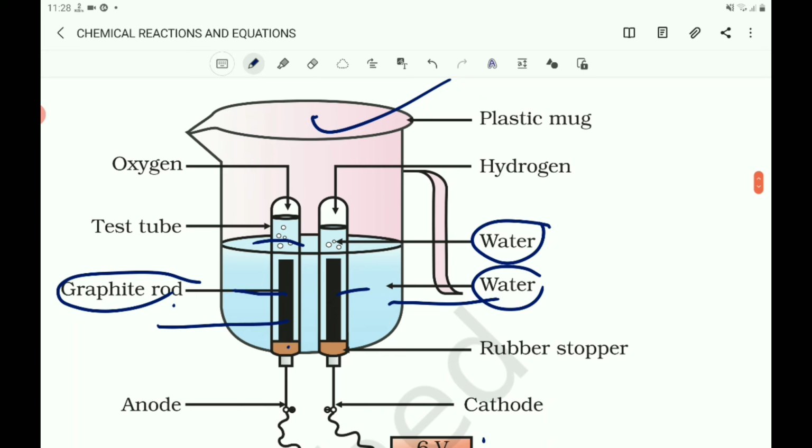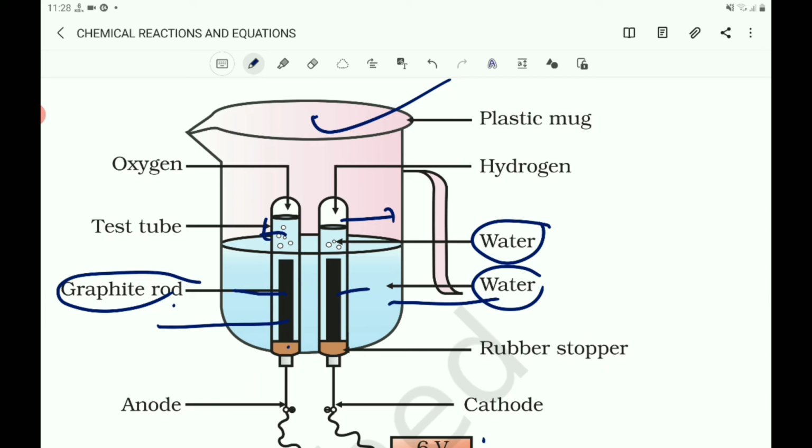Take 2 test tubes filled with water and invert them over the 2 carbon electrodes, in the inverted position over the carbon electrodes.